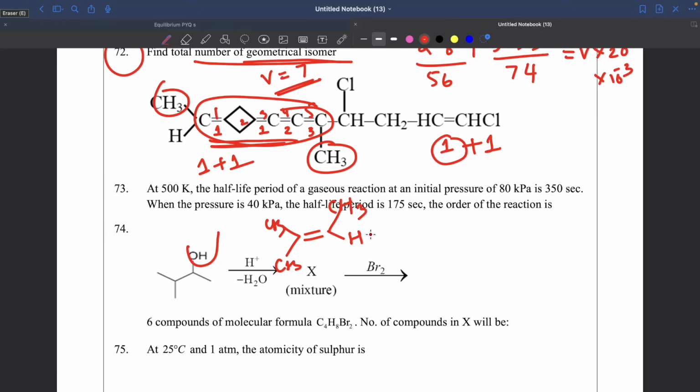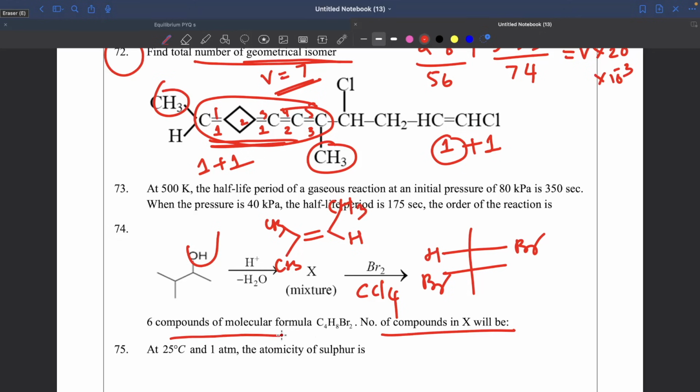X can be only 1. So when it is treated with Br2 in presence of CCl4, it gives you anti-addition. So both the bromines will be on opposite sides. So hydrogen, CH3s. So the number of compounds of X would be 6, compounds of molecular formula C4H8Br2. The number of complexes will be how many? If these are 6, then these will be 3, that's all.